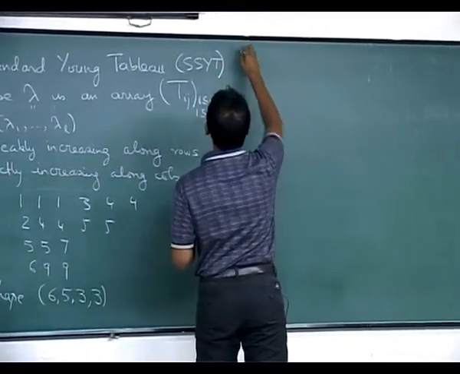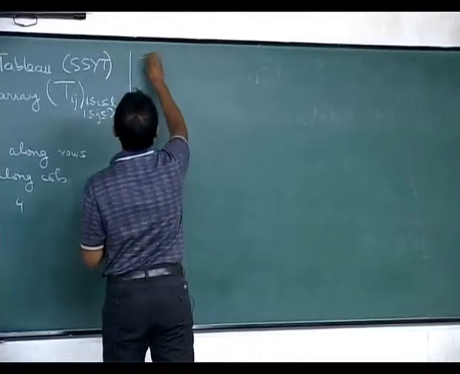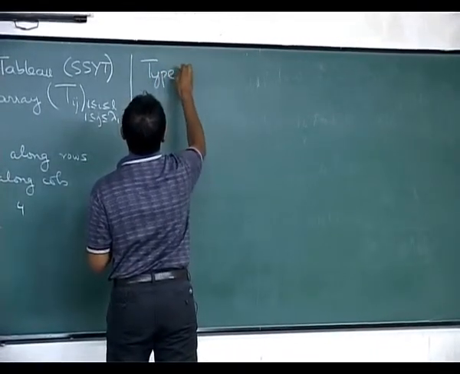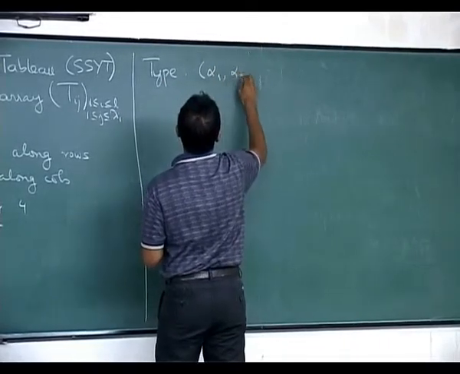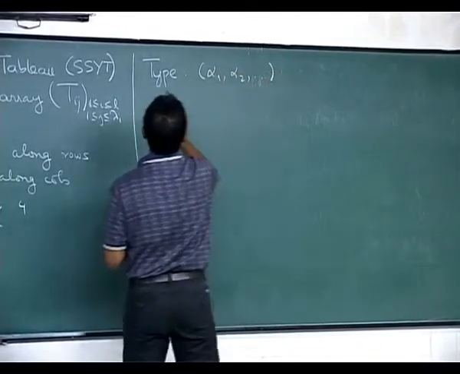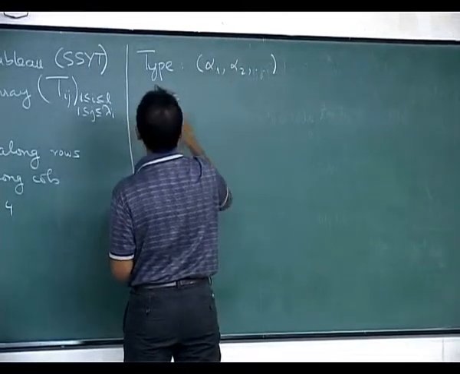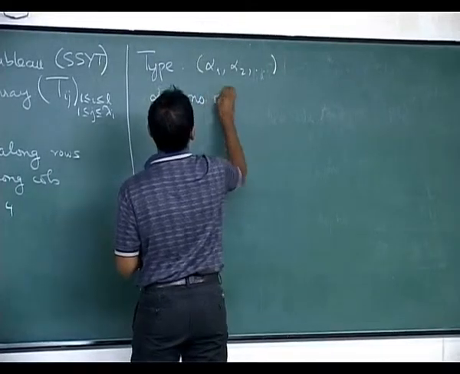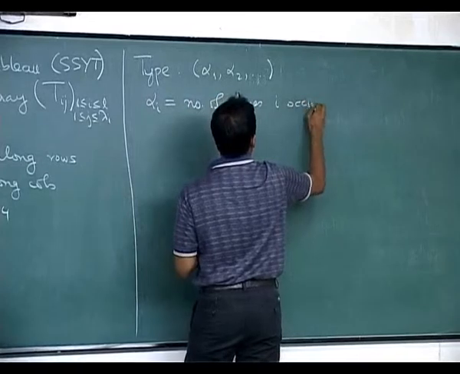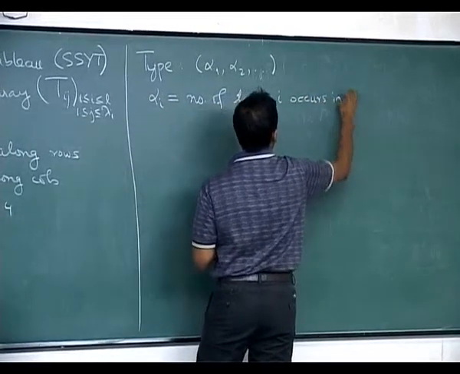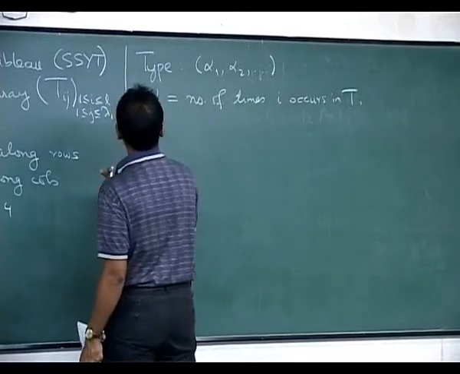The other invariant of a semi-standard Young tableau is its type. This is the sequence α_1, α_2, ..., where α_i is equal to the number of times i occurs in the tableau. What's the type of this?